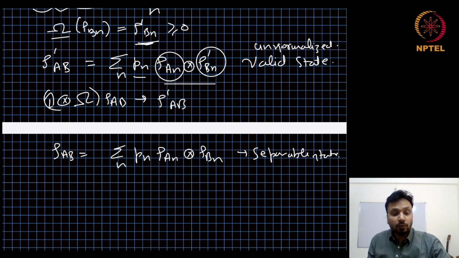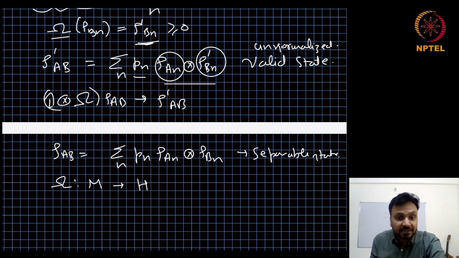So there is no wonder that a positive map goes to a positive map, but we can get a hint that this will be true from the matrix representation of omega. The matrix representation of omega was M, and from here we went to H, and what we know about H is that it's positive if we have psi tensor phi, H, phi tensor.